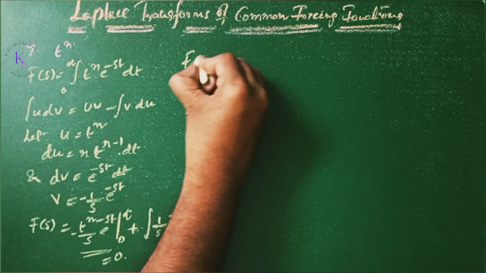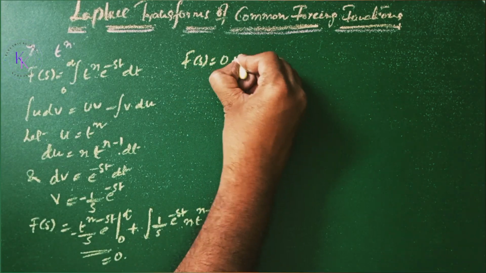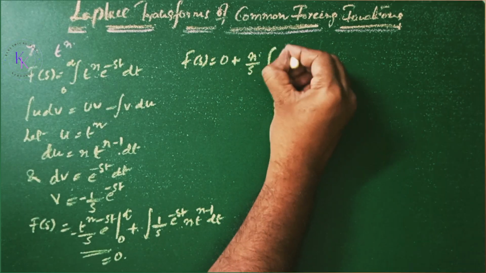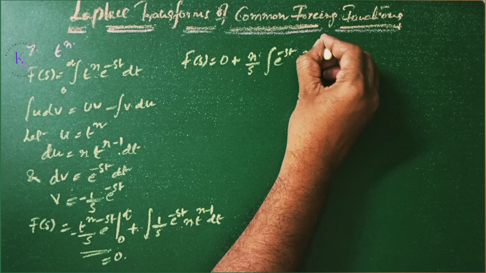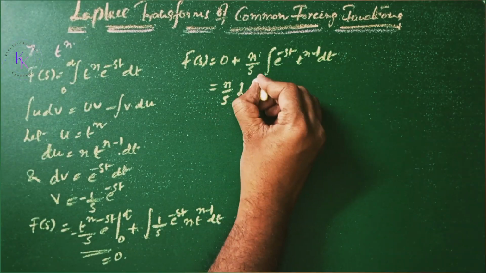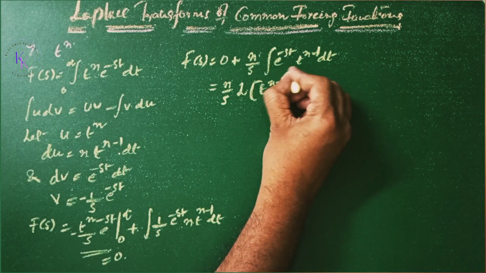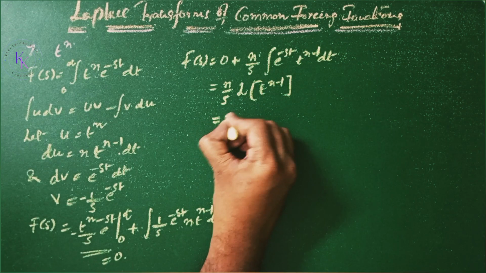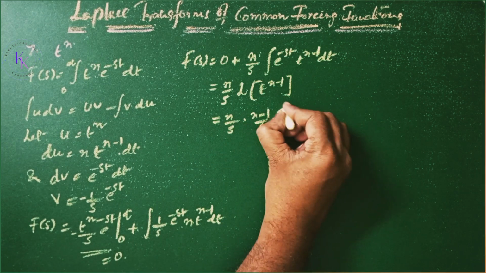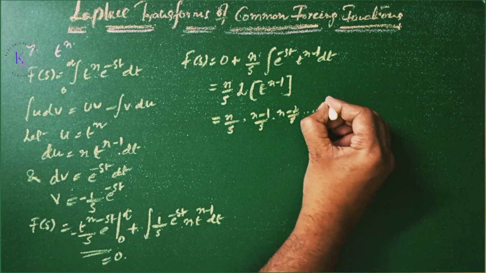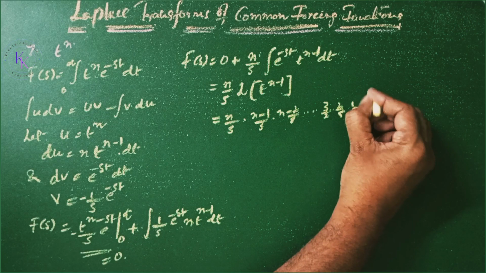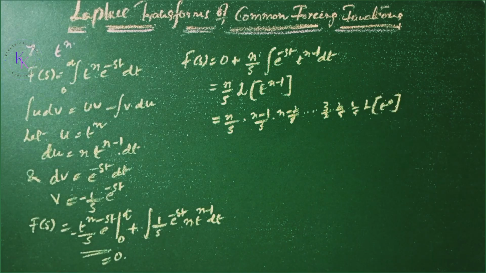Then F of s equals 0 plus n divided by s times the integral of e power minus st t power n minus 1 dt. This equals n by s times the Laplace transform of t power n minus 1, equals n by s times n minus 1 by s and n minus 2 by s and so on, 3 by s, 2 by s, 1 by s, times the Laplace transform of t power 0.